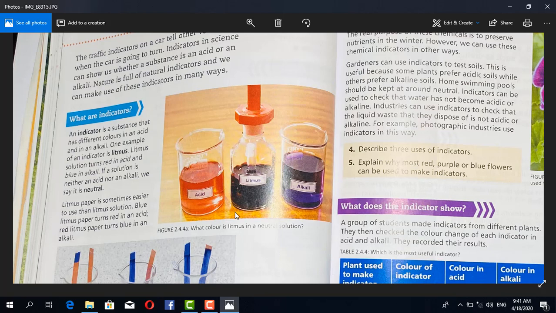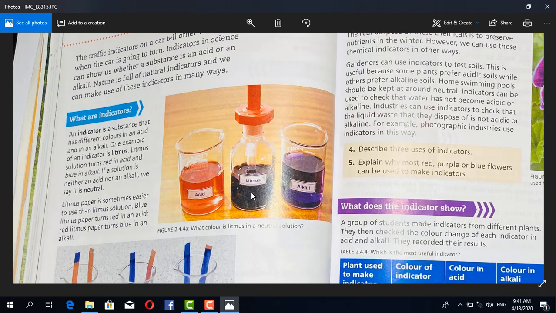So for example, I've got a substance that I don't know whether it's an acid or an alkali, so I just add a drop of litmus inside of it, or I use the litmus paper. Sometimes I don't want to use a dye, but more likely a paper. So it's two ways.